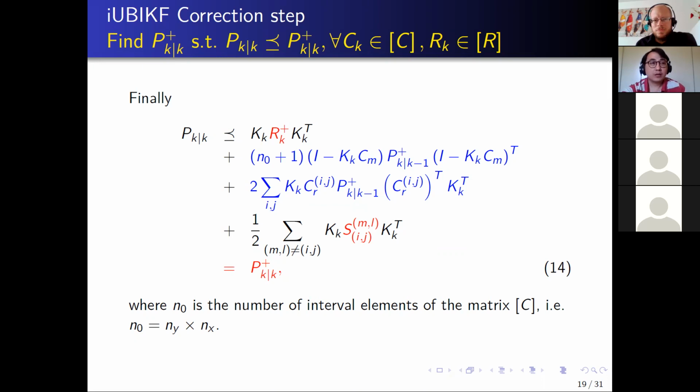But we can use a very simple form of this kind of upper bound, that is a scalar alpha k multiplied by the identity. So it gives a very good advantage in the computation and also in the meaning of the upper bounds.